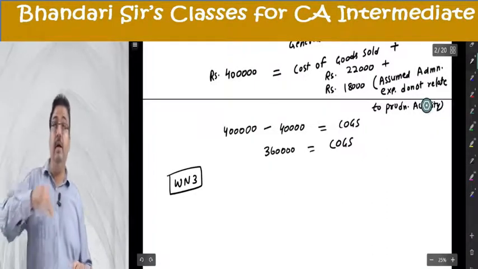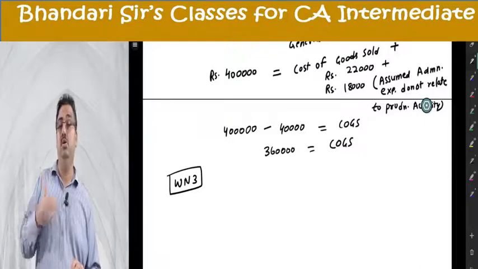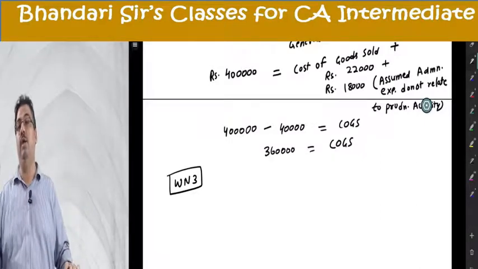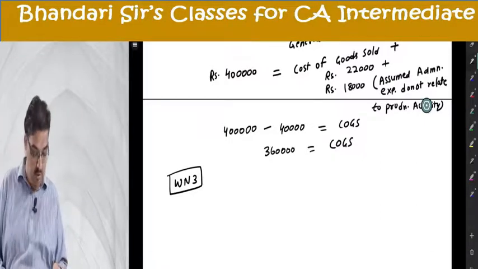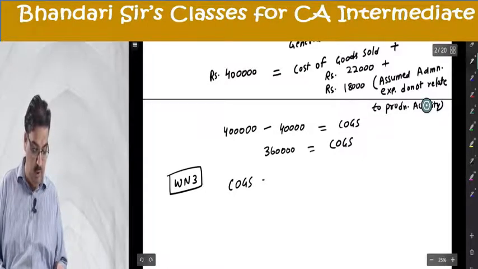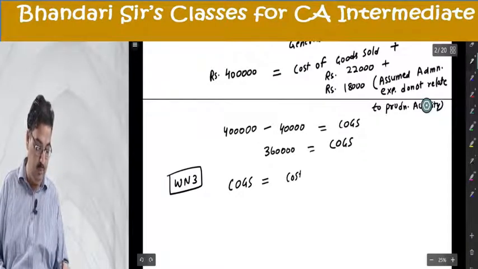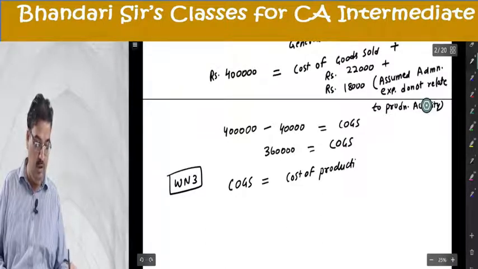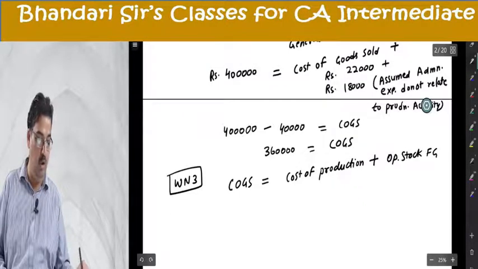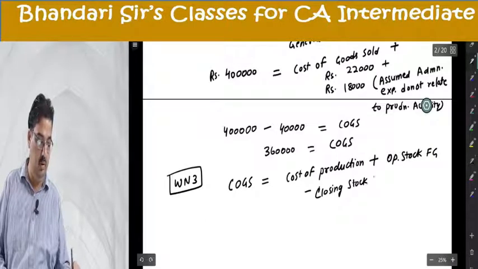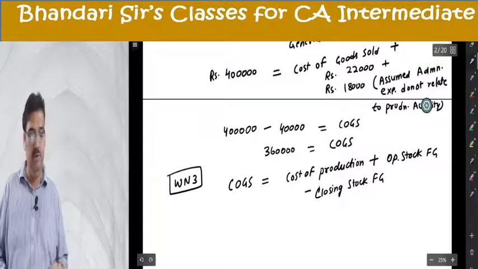I am working in reverse order. So before cost of goods sold, what you are getting? Cost of production. So cost of goods sold is equal to cost of production plus opening stock of finished goods minus closing stock of finished goods.